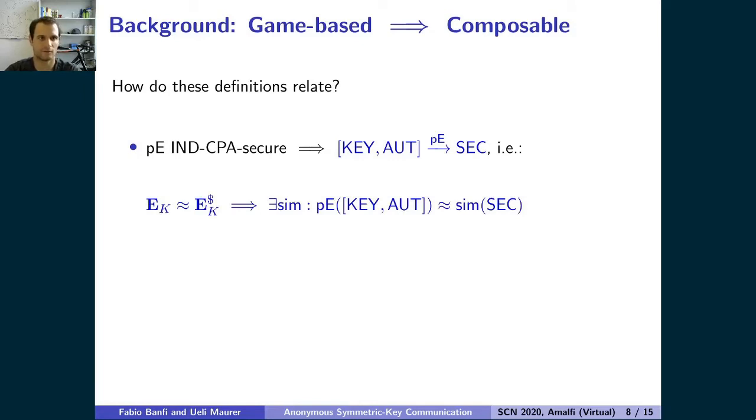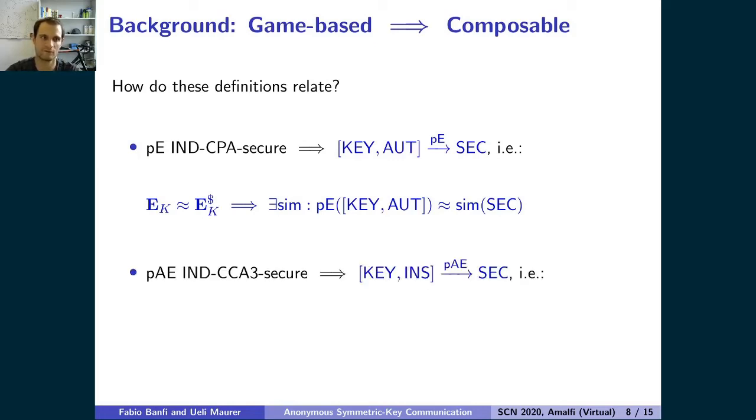If these systems EK and EK dollar are indistinguishable, then there exists a simulator such that the resource resulting from applying probabilistic encryption with the key resource on the authenticated channel is indistinguishable from the resource of the secure channel, where we simulate the adversary strategy at the adversary interface.